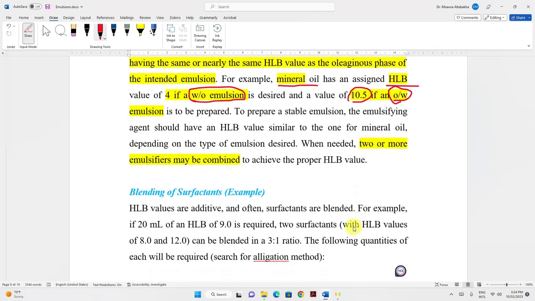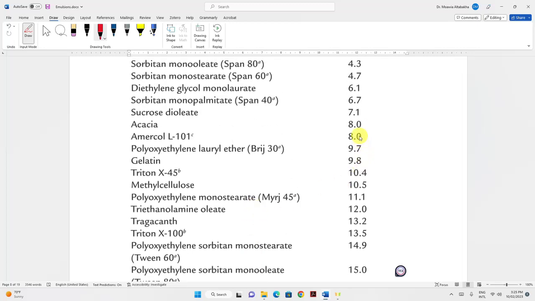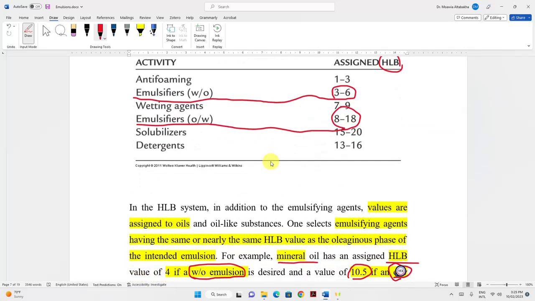See this example and we will solve it together. HLB values are additive and often surfactants are blended. For example, they need 20 ml of emulsifying agents so that the blend will give you an HLB of 9. They don't see any 9 in the table, there is no 9, but they will blend more than one to get HLB 9.